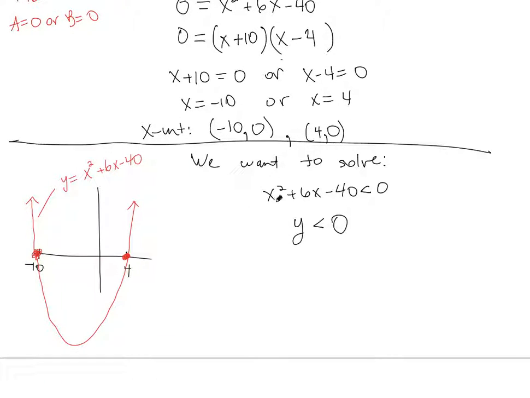On this graph, the left-hand side is y, so solving this inequality is equivalent to finding points on this graph whose y-coordinate is less than 0, but only on the red part of the graph.